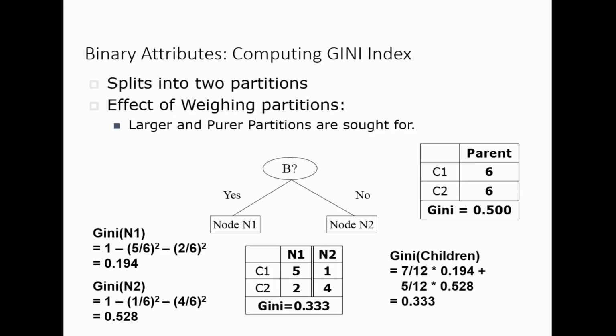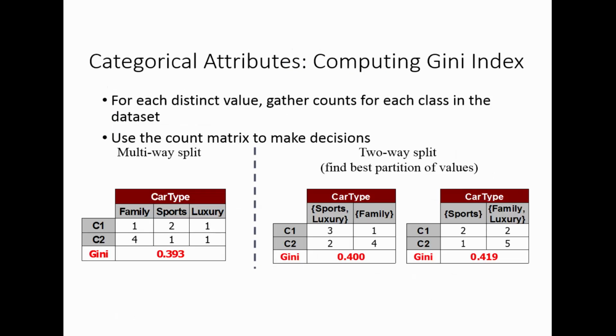Binary attributes. So how do we compute a Gini index in this case? I've seen already how to calculate the Gini index, right? So we won't get into the details of how to calculate it again. You can also calculate the Gini index for categorical attributes. We knew how to do it for continuous, but we can also do it for categorical cases. And there could be multi-way splits and two-way splits. I think in the case of car type, that's the way you calculate a Gini index.